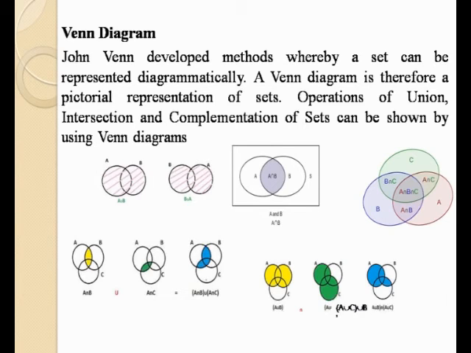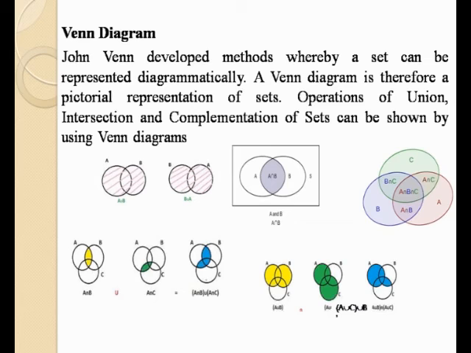The portion being shaded gives us the elements that can be found in set A but not in set B. That is, they cannot be found in set B, but can be found only in set A. That means the whole of set B is removed from the portion.